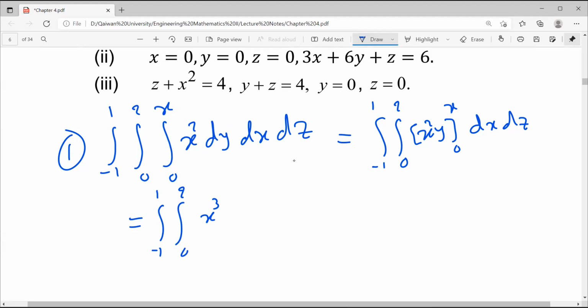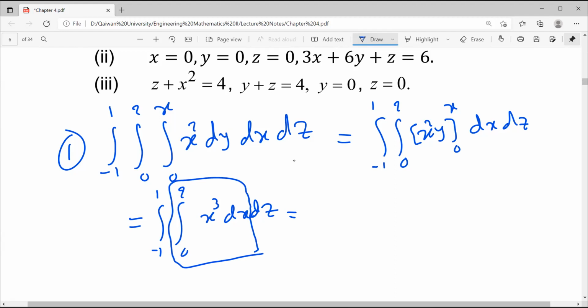Here, the lower limit is 0 and the upper limit is x. If we replace first y by x, then y by 0, we get x cubed dx dz. Now, we take an integration with respect to x.